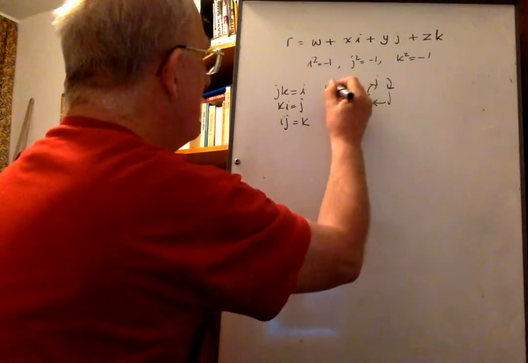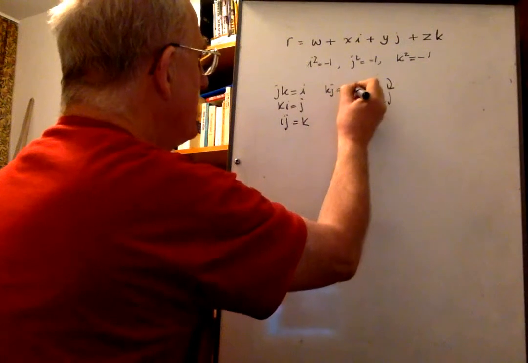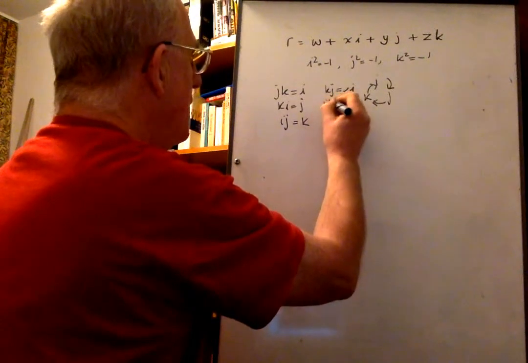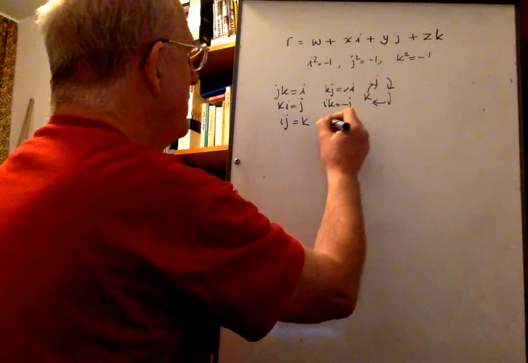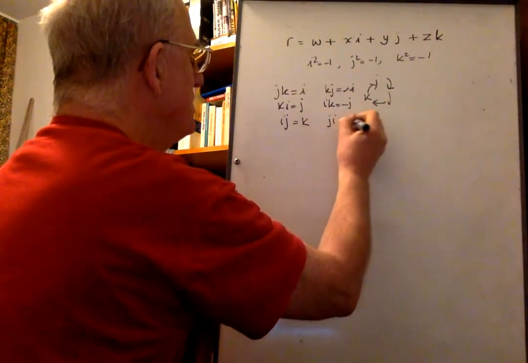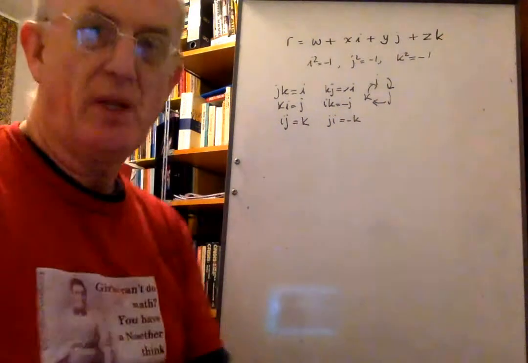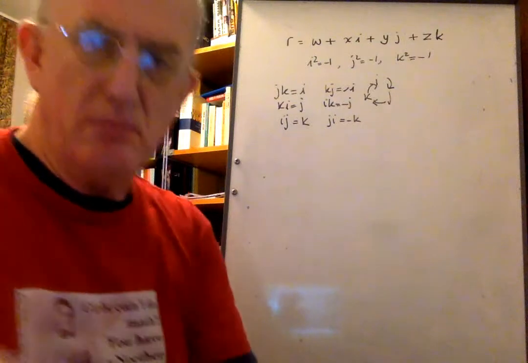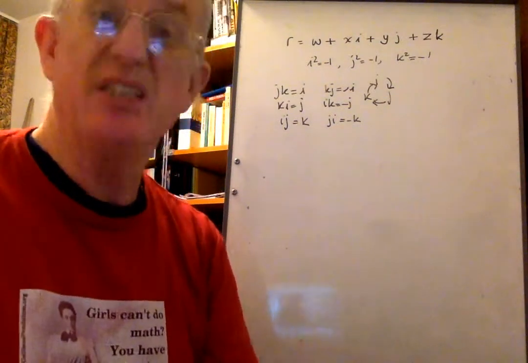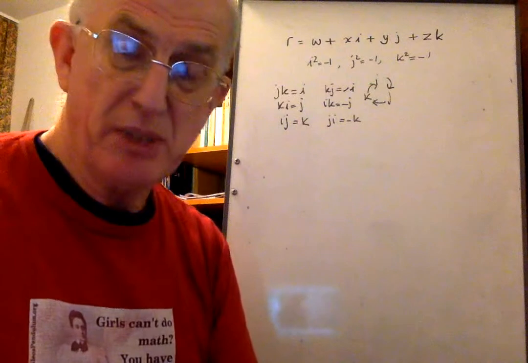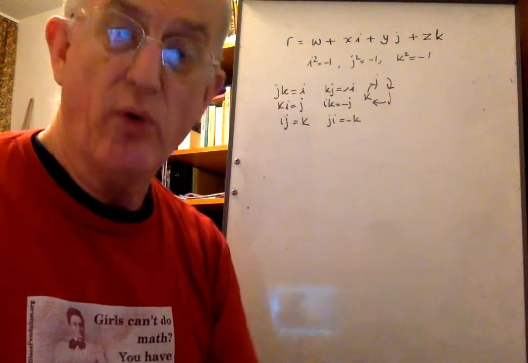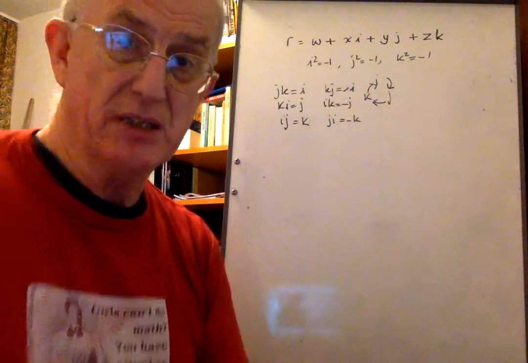So kj is equal to minus i, ik is equal to minus j, and ji is equal to minus k. This looks a bit like, in fact it is exactly like, the multiplication table for cross products of unit vectors.